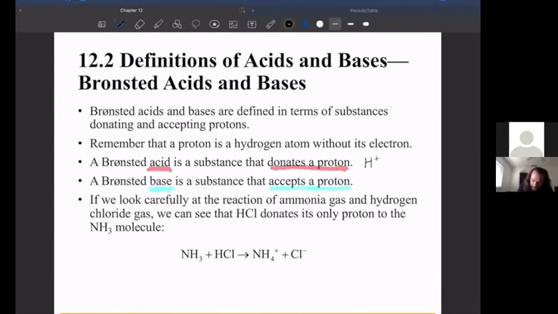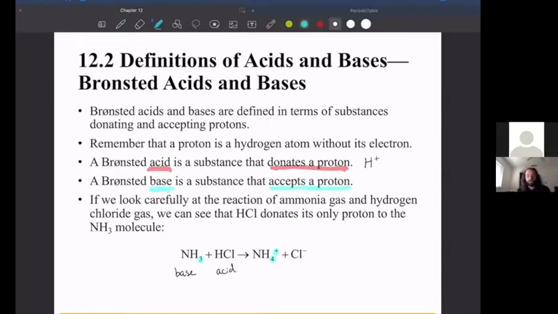So in this example here, we have ammonia playing the role of a base and hydrochloric acid playing the role of an acid, right? And what the base is doing is accepting a proton. So notice that I go from NH3 to NH4 plus, right? It's accepted a proton. So not only does it have an extra hydrogen, but we have to conserve our charges.